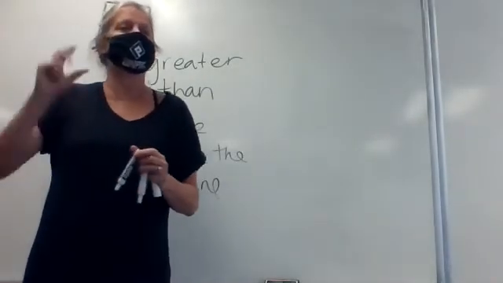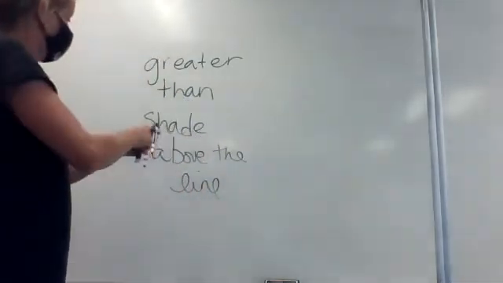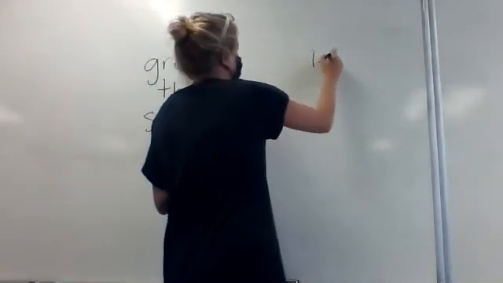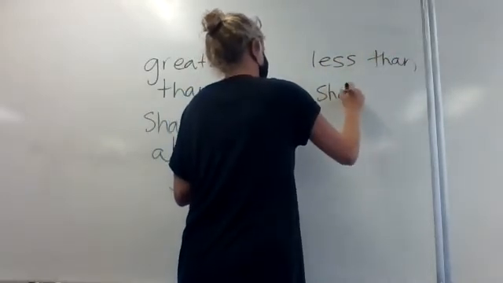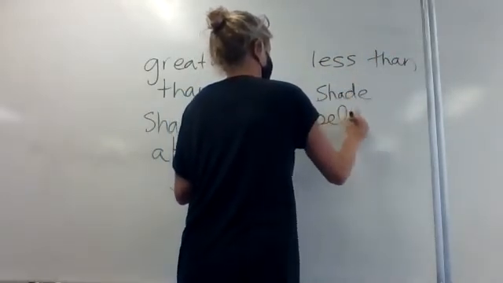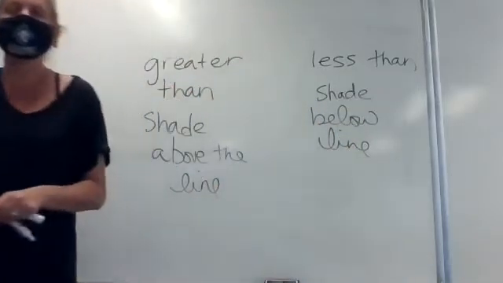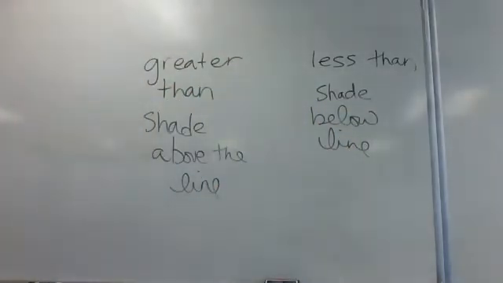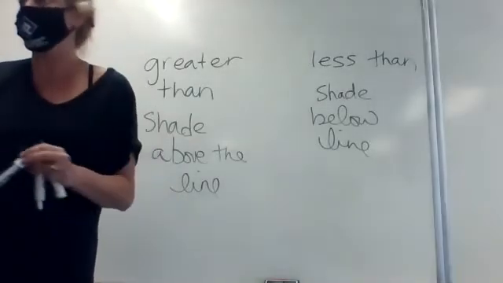The y values greater than the line are above it. Okay, if you are a less than, I'm going to say below it. Because it's actually saying where are your y values less than the line, which would mean below the line.